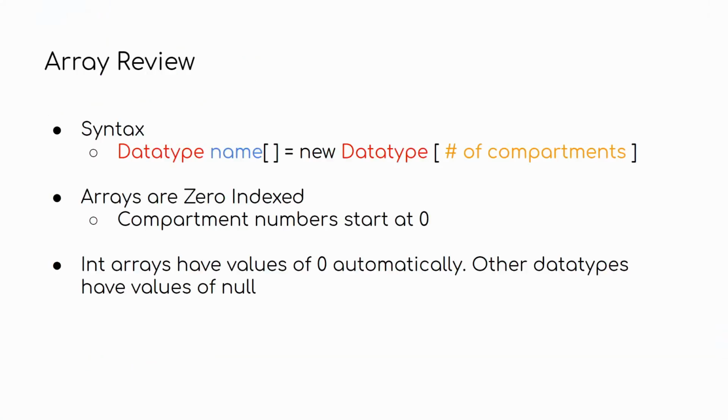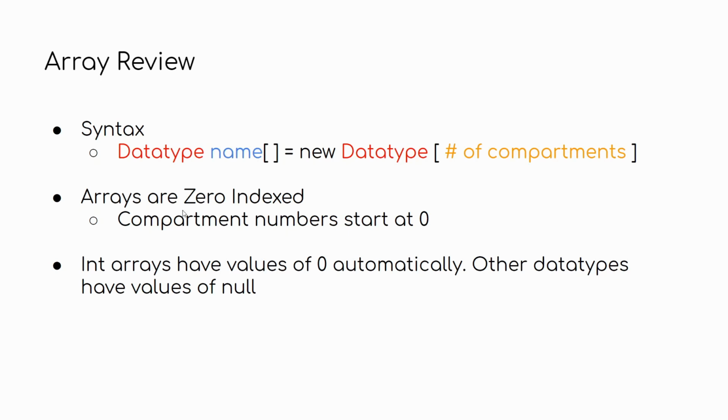Now let's review what we learned in this lesson. The syntax for making an array looks like this. You're going to write your data type that you want your array to store, the variable name of the array, brackets, is equal to new, the same data type that you wrote before, brackets, and the number of compartments that your array will have.